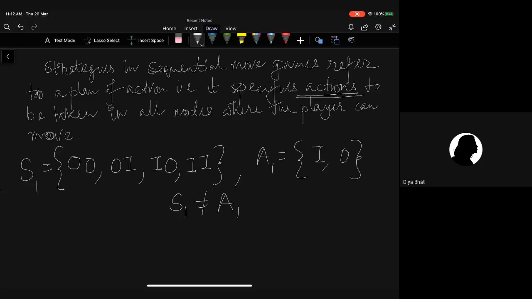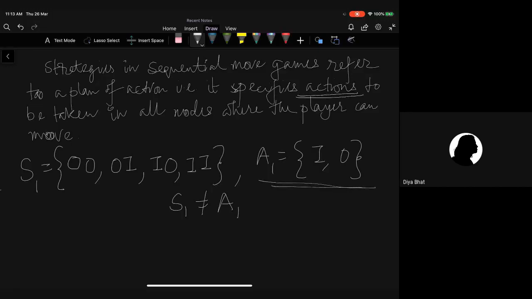But now it is time to make a distinction between these two things. In sequential move games, actions refer to each choice in every node. In this case, it's either in or out in every node. So that's the action set.